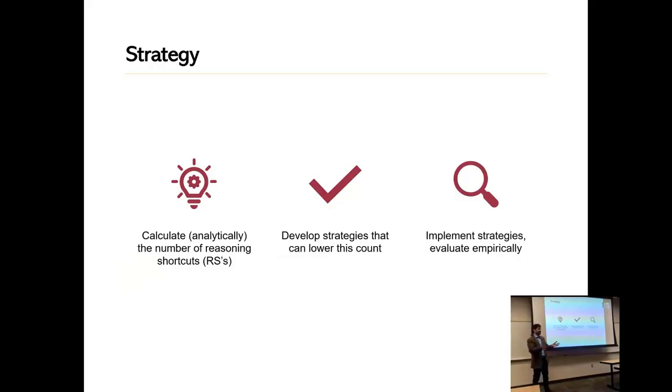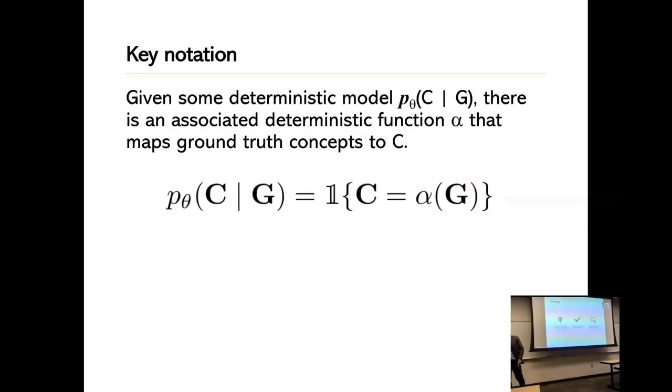But of course, finding a unique solution is going to be very difficult. So what we want to do is analyze a bound on how many of those there are. We can then develop strategies to reduce the number and employ those strategies as part of our approach. And then we'll show the authors' results from empirical evaluation.